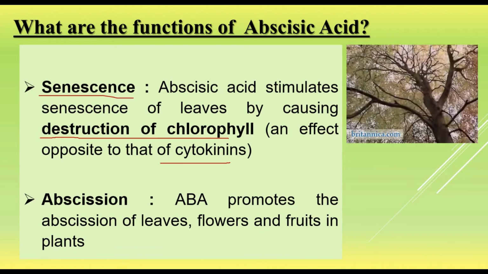That is the aging of the plant parts, aging of leaves. If the chlorophyll content gets reduced, then the leaf will become yellow. No more required, old mature leaves and fruits should fall down from the plant. This falling of leaves, fruits and flowers is called abscission.